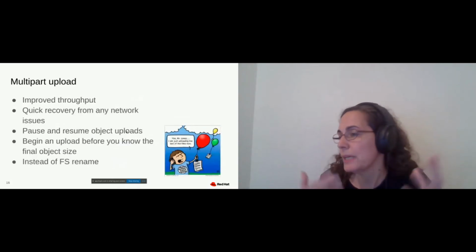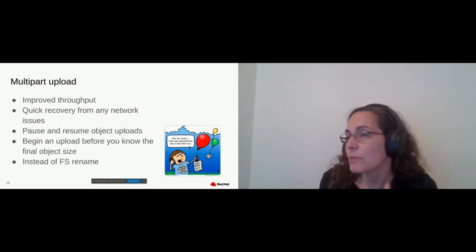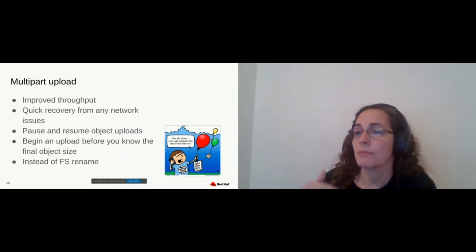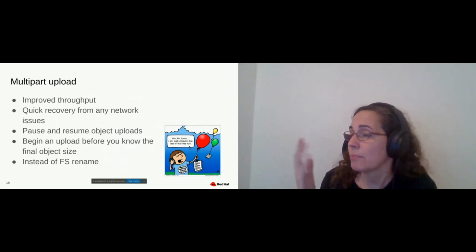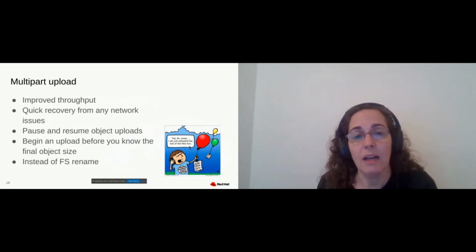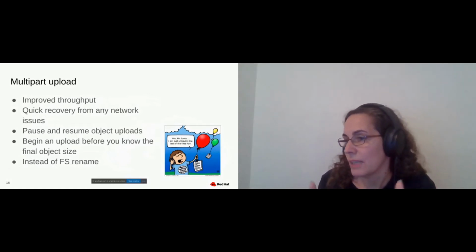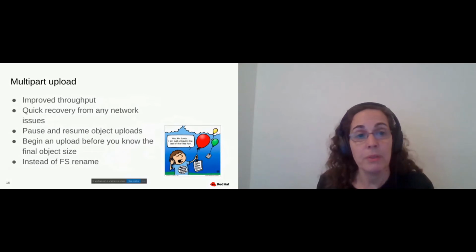So now, when I upload a big object, first of all, in case I have a network problem, all the parts that were already successfully uploaded will be there. Then I can also parallelize the upload, getting much better network throughput and a much shorter upload time. I can pause and resume the upload.